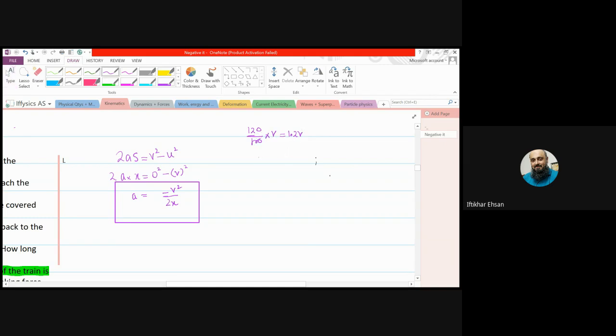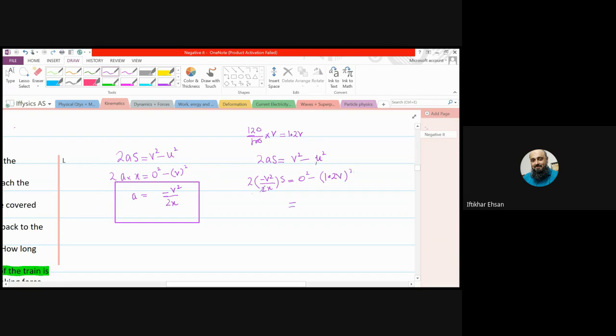Now we will use again the third equation of motion, and we have to find the stopping distance this time. We know the acceleration, as it says it is the same, so we will substitute the value of acceleration here. That is minus v square over 2x, and the new distance we have to find. The final speed will be 0 as it is to stop. The new initial speed will be 1.2 times v.